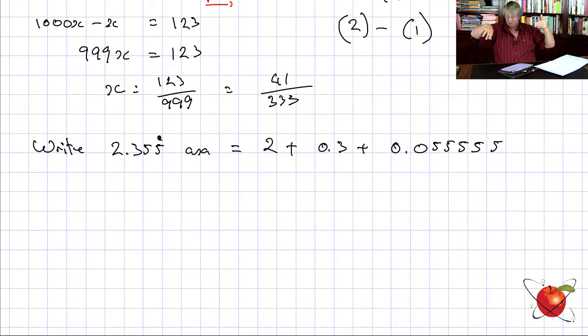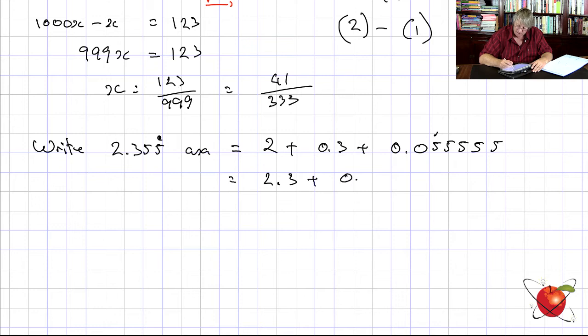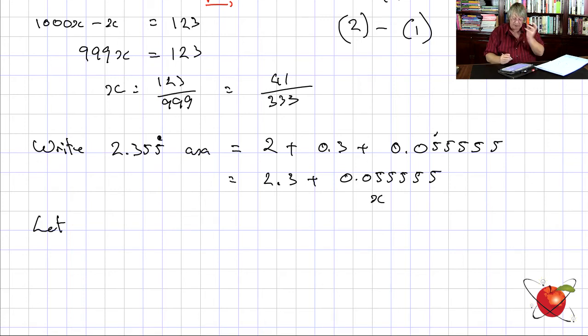This is where it comes back. So we split the number up. Here's our recurring piece, 0.0555. So this is 2.3 plus 0.05555. Now we've isolated the recurring one.